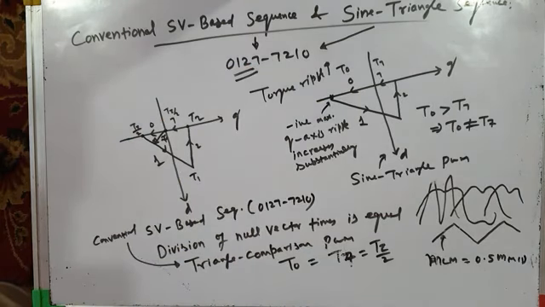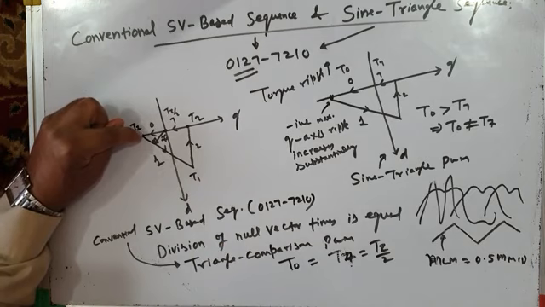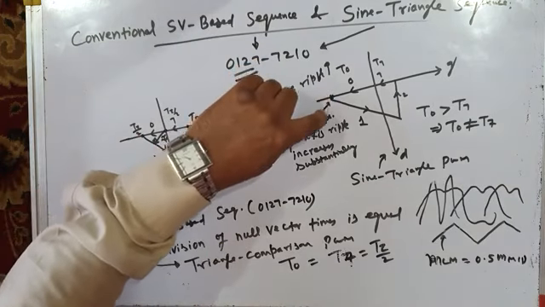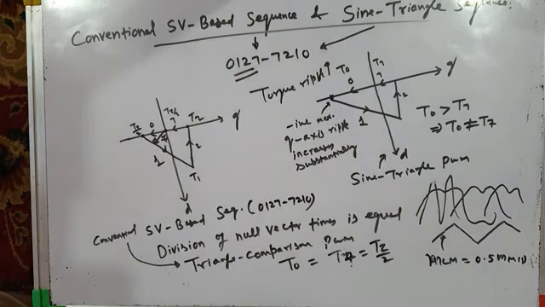So conventional space vector PWM technique or triangle comparison based PWM technique is better than sine triangle PWM because of equal division of null vector timings, and of course that results in less negative maximum q-axis ripple, less torque ripple, whereas here negative maximum q-axis ripple is higher, so torque ripple is higher.